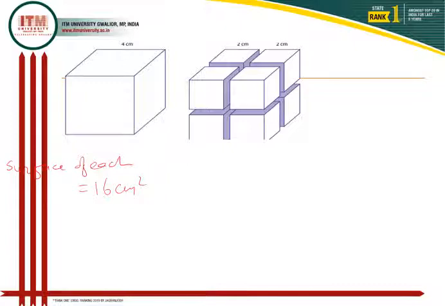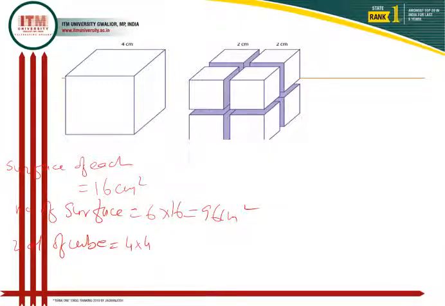And how many surfaces are there? That is 6. So 6 into 16, this will be 96 centimeters square. Now what about volume? The volume of this cube is 4 into 4 into 4, 64.